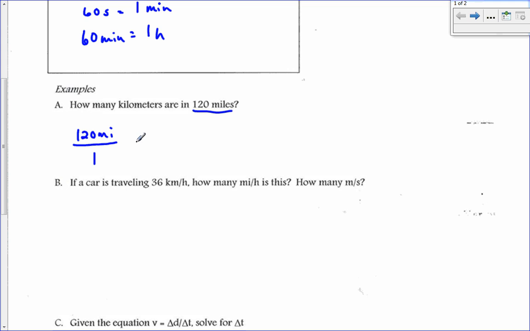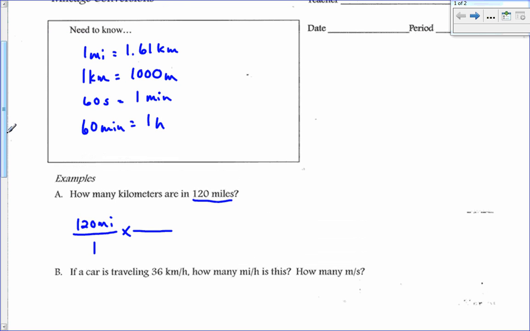The next thing you need to think is, what do I want? Well, I want kilometers. So I'm converting miles to kilometers. We're going to do this by multiplying fractions. So for the next fraction, you're going to go up here into your equality bank, and you're going to find an equality with both miles and kilometers.